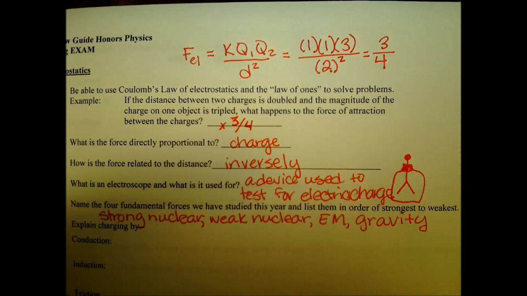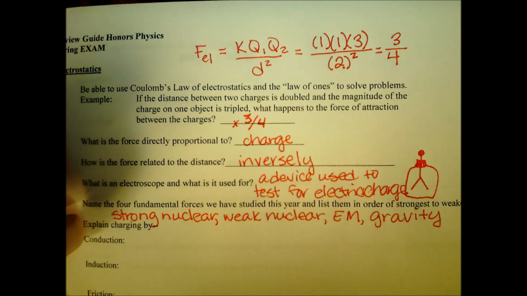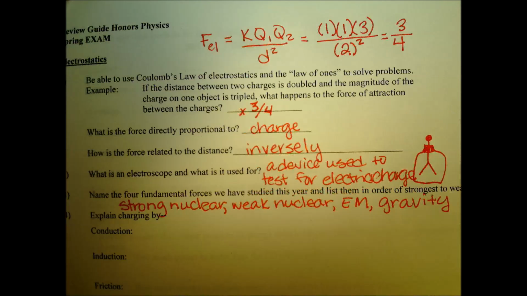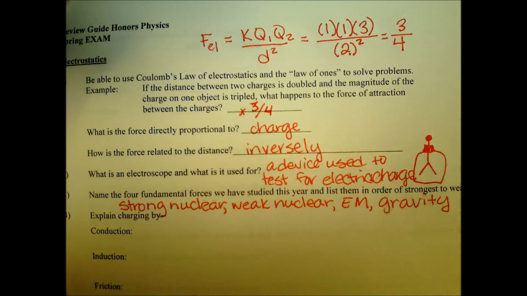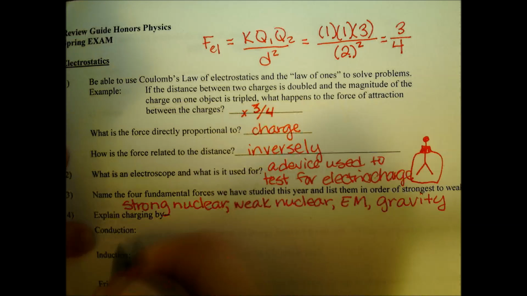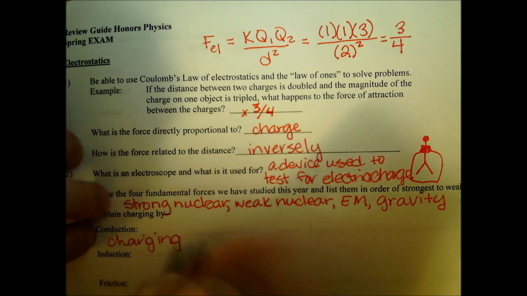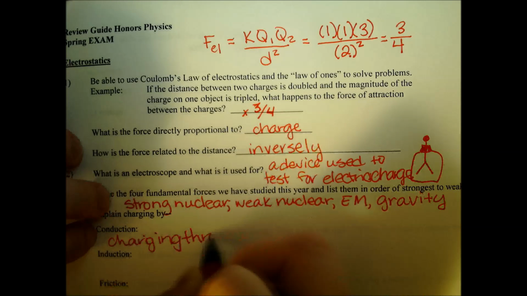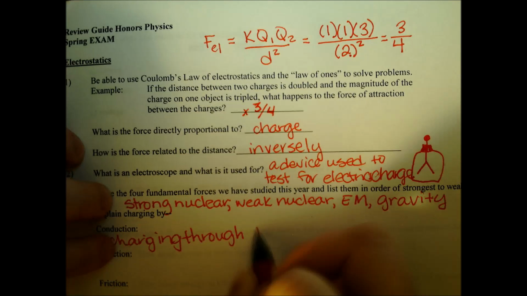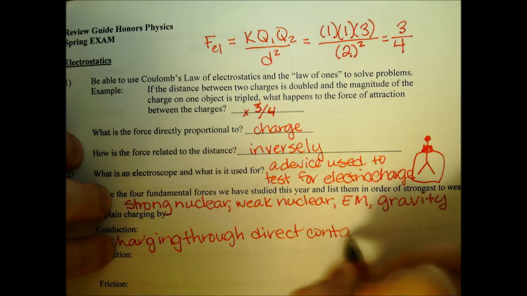All right, now we're going to look at the three ways to charge an object. Don't get these confused with the three ways to pass heat. They are sort of similar. Conduction is charging through direct contact.